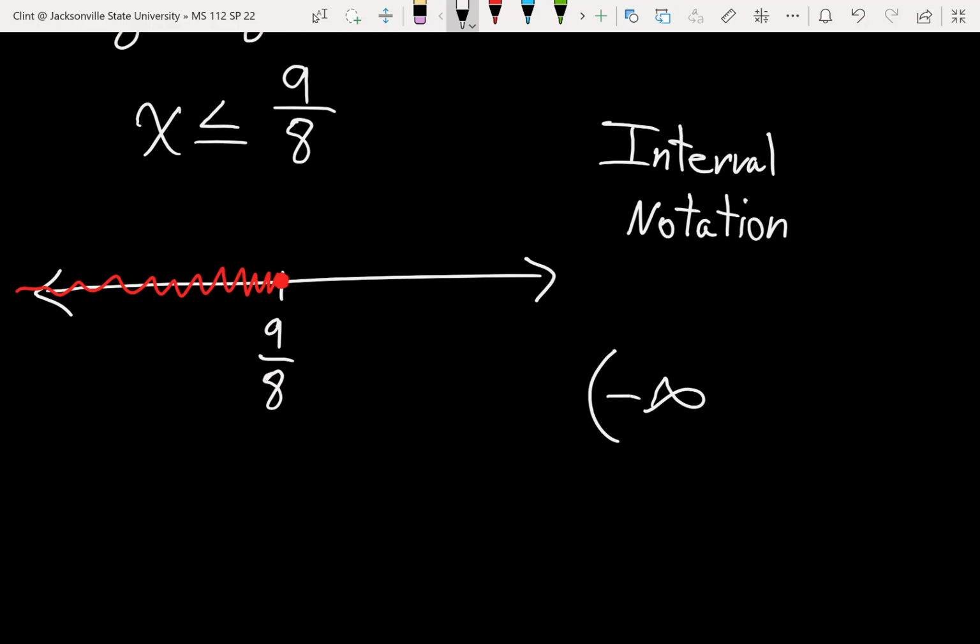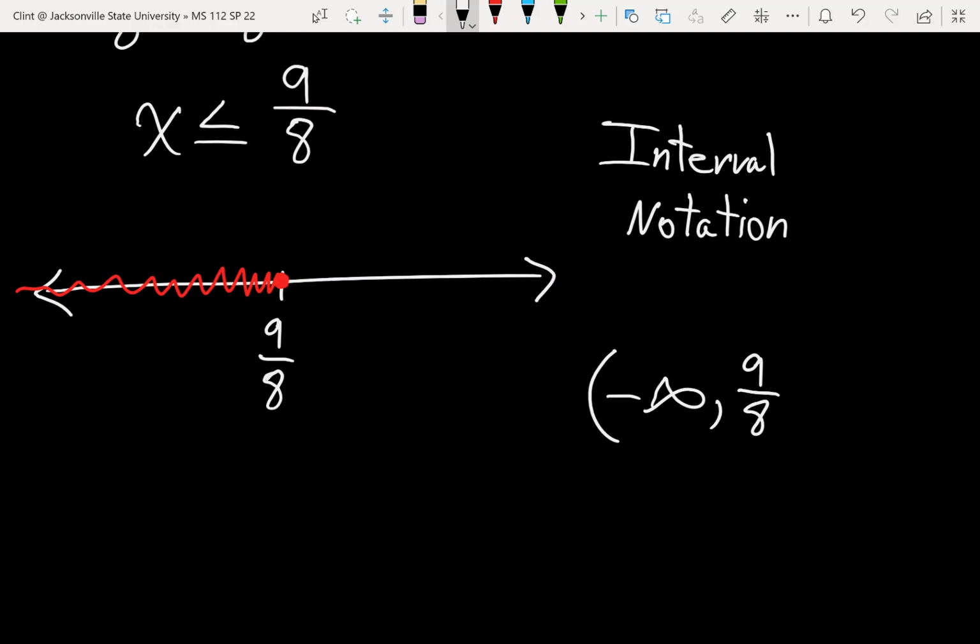So we can go forever to the left. And then I'm going to have a comma. And then I want to talk about how big my solutions can be. Going in that direction, I have to stop somewhere because it's not the whole number line. So what's the biggest number that would be a solution here? 9/8. So I would stop at 9/8.